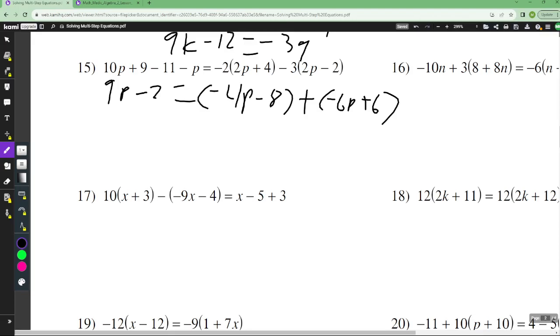So now we can combine like terms and take off the parentheses. So we will have negative 10p minus 2 equals 9p minus 2.